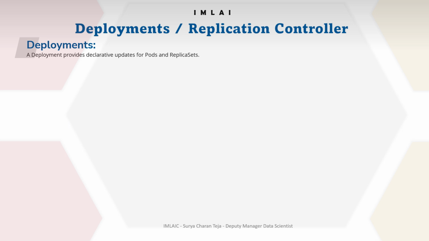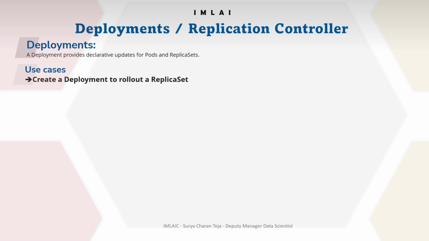That also we are going to see. You can define deployments to create new replica sets or to remove existing deployments and adopt all their resources with the new deployments.